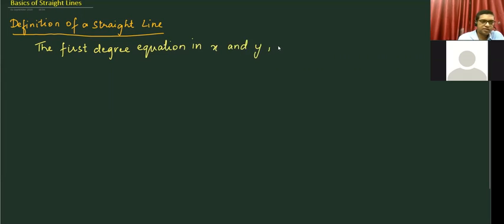A first degree equation in x and y, that is ax plus by plus c equal to 0, represents a line.